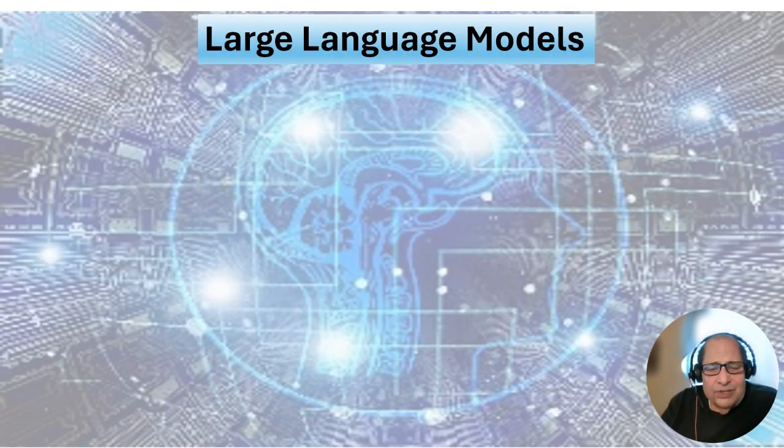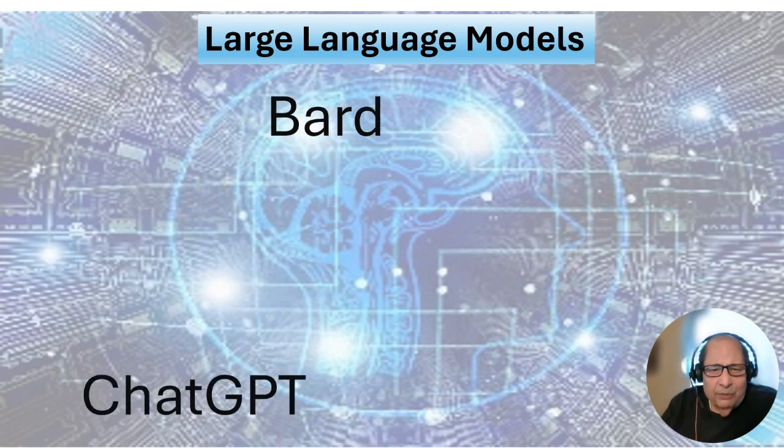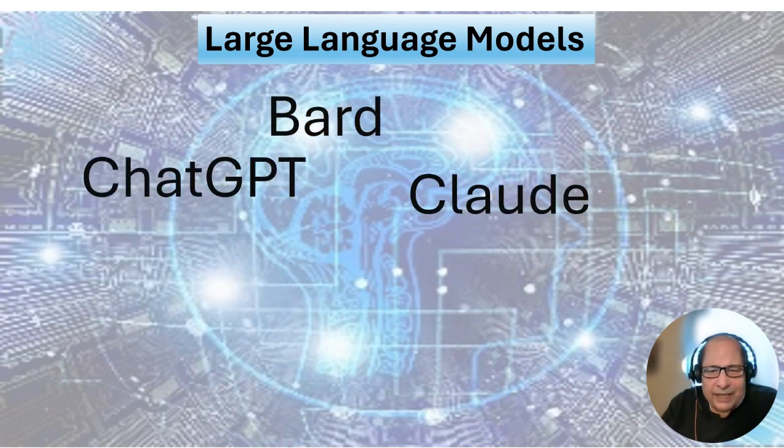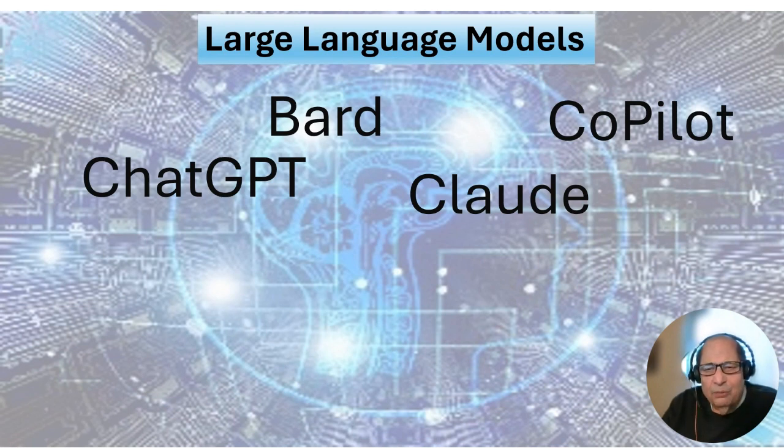Large language models, they're out there. Here are the big ones: Bard, ChatGPT, Claude, which is the Facebook one, I believe, and then you've got Copilot. The one that's interesting to me right now is Copilot. That's Microsoft's, and Microsoft has embedded it into their browser, so it's part of Edge right now, and it's also part of their tools.